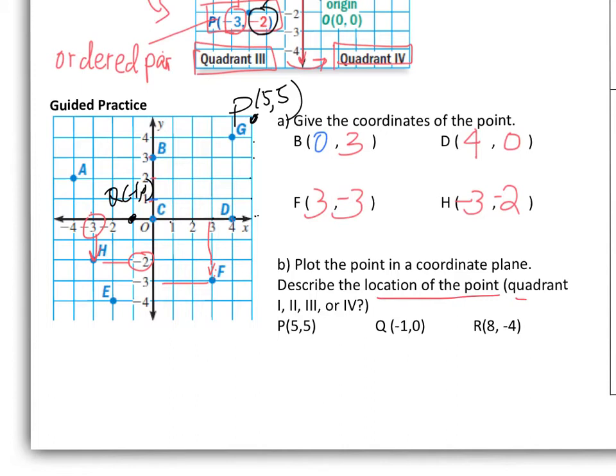And R will be 8, -4. So if we extend the x-axis and make this 8, -4 is down here. So this will be your point R.